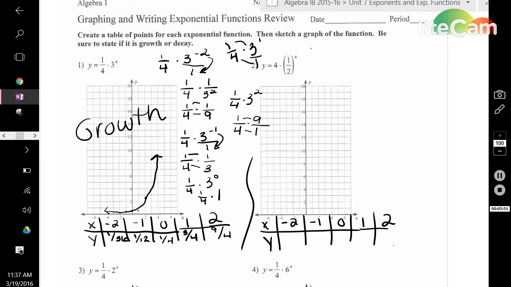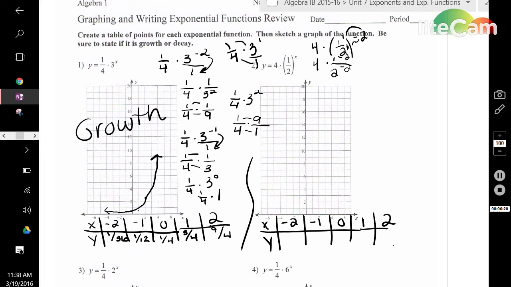First x value I'll plug in is -2. So I'll have 4 times 1/2 to the -2nd power. Outside exponent should be multiplied by each of the inside exponents. Remember, there are 1 exponents if there's nothing written. So I end up with 4 times 1 to the -2nd over 2 to the -2nd power.